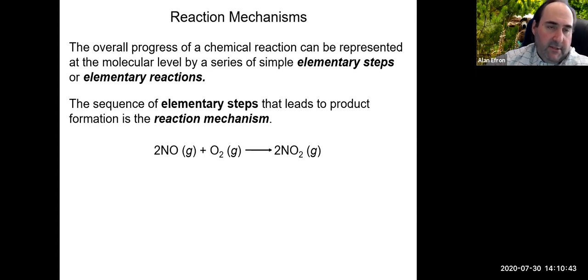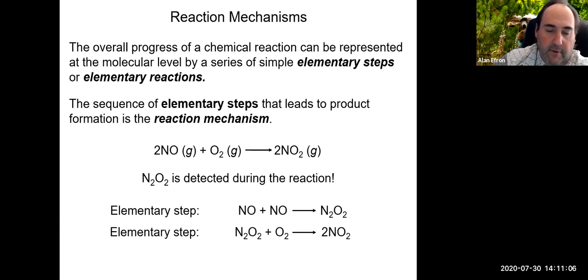A lot of reactions really don't happen that way. A lot of reactions are multiple steps in their overall process to get to the products. But sometimes we focus a lot on it being a one-step reactant to product situation. And the example we see up here is a good example of that.